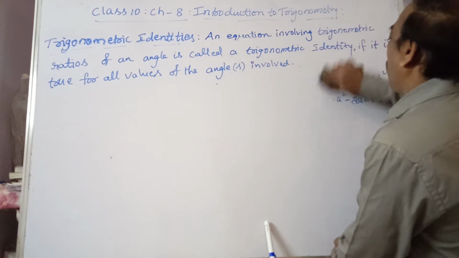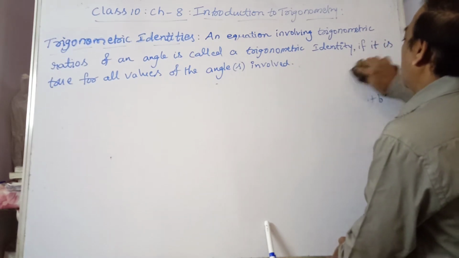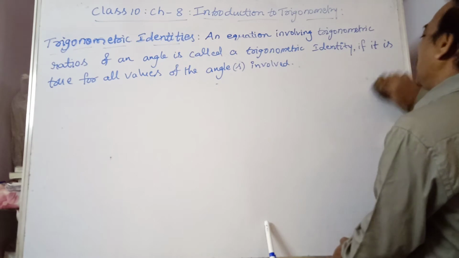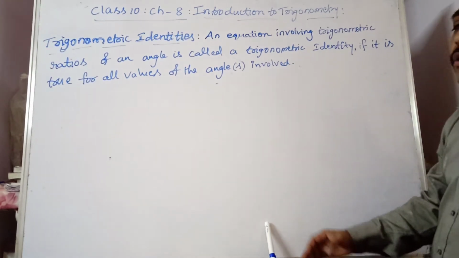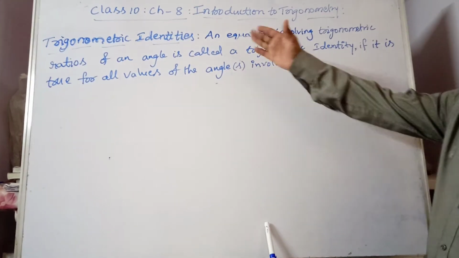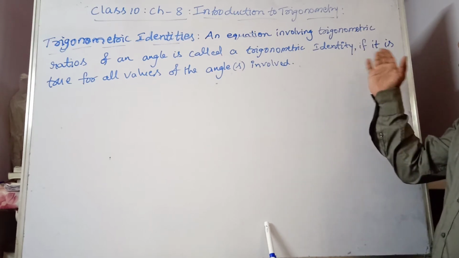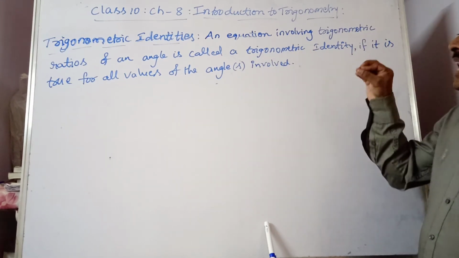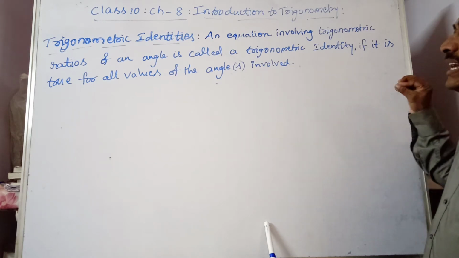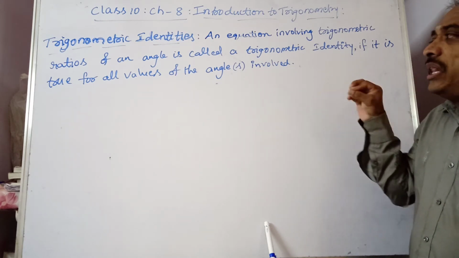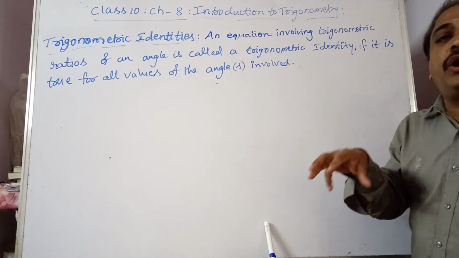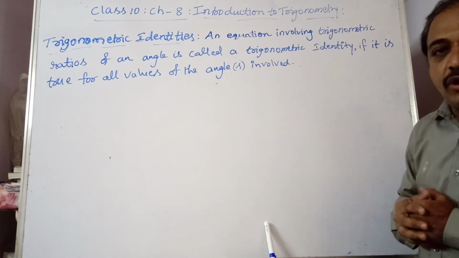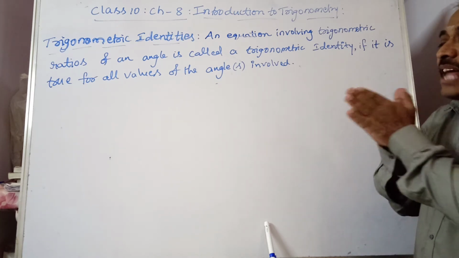Similarly, we have trigonometric identities. What is the definition of a trigonometric identity? A trigonometric identity is an equation involving the trigonometric ratios of an angle. It is true for all the values of the angles involved in it. We are talking about trigonometry, so it means angles.